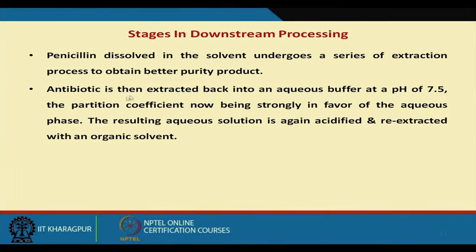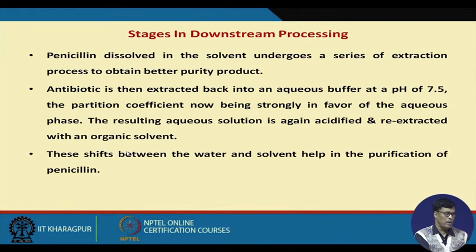Like this we carry out the purification process. The antibiotic is then extracted back into the aqueous buffer at pH 7.5, the partition coefficient now being stronger in favor of the aqueous phase. The resulting aqueous phase solution is again acidified and re-extracted with the organic solvent. So this repetition of the process goes on to get the purification of the product. These shifts between water and solvent help the purification of penicillin.